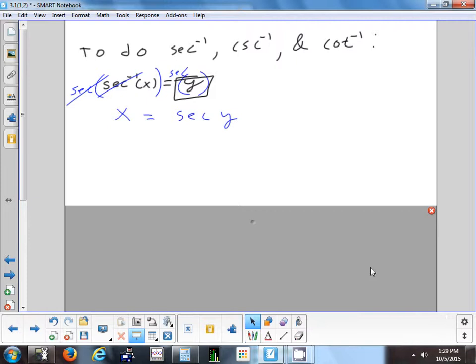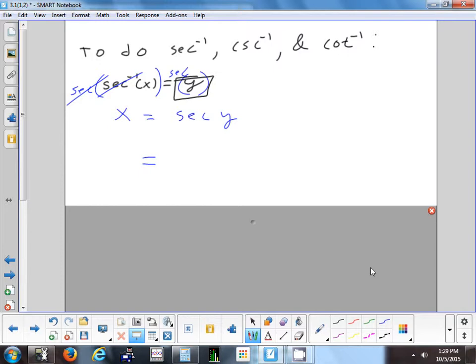Next step. I want to get rid of secant. I want to change this into a trig function that I have a button for. What can you do with secant? Remember what we did last week? There's a certain 1 divided by the sine and cosine. Yeah, cosine. We can use cosine.